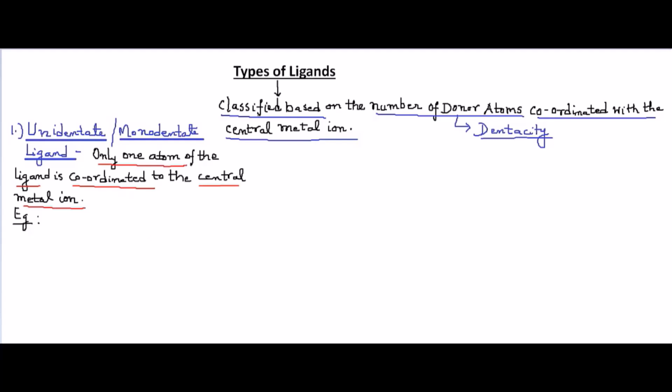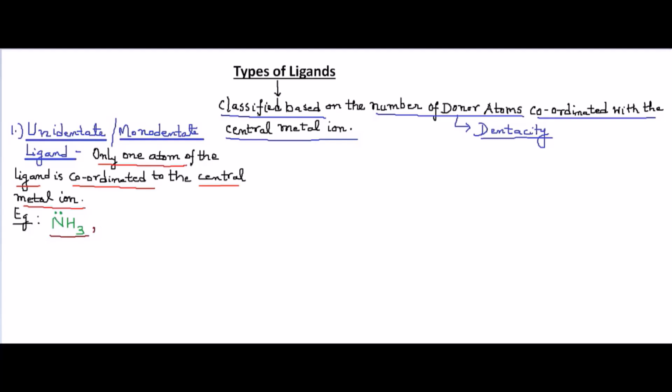What can be an example of such ligands? The most common example that we have seen in many complexes is the ammonia molecule. Ammonia contains nitrogen which has a lone pair of electrons which it donates to the central metal atom. So only one donor atom is attached to the central metal ion.